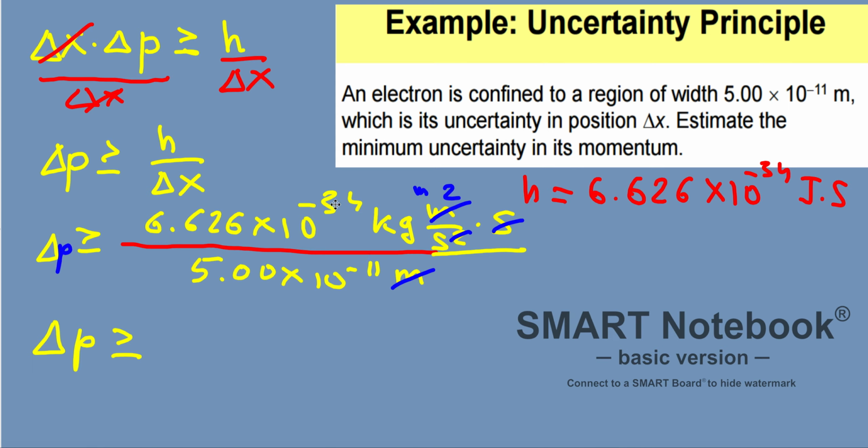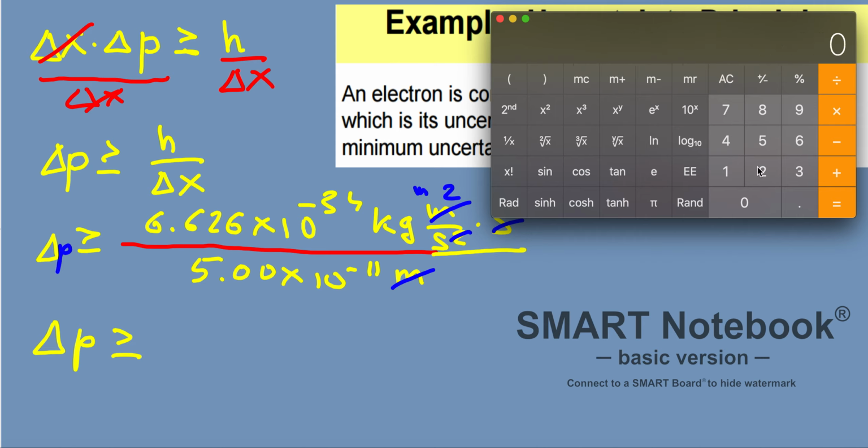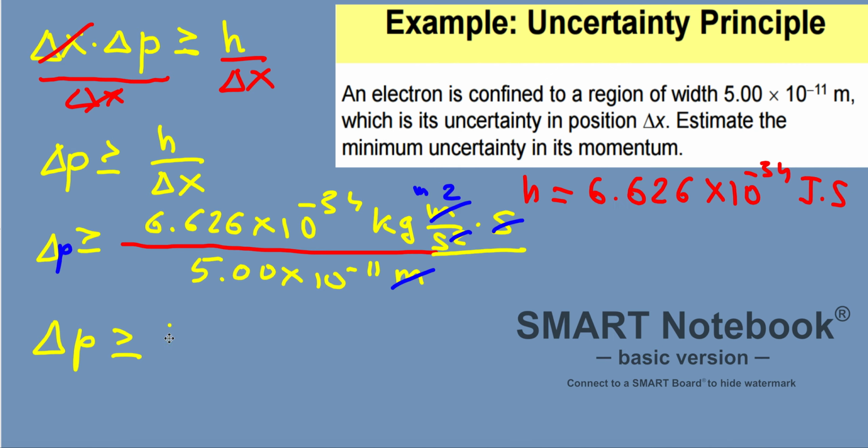First of all, let's divide 6.626 by 5. 6.626 divided by 5 is 1.325, but let me say this is equal to 1.33 because we are estimating to 2 decimal places.